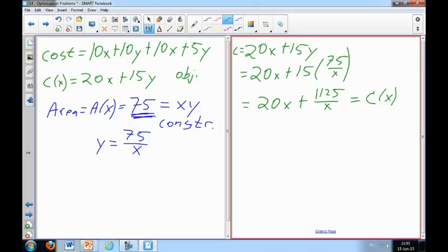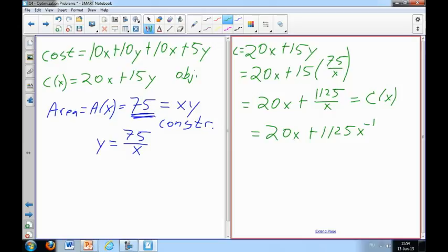To find the minimum cost, we need to find the relative minimum of this equation. So we find the first derivative. To be able to do that, we need to put this in a form that's a lot easier to take the derivative of, and that's 20x plus 1,125x to the negative 1.